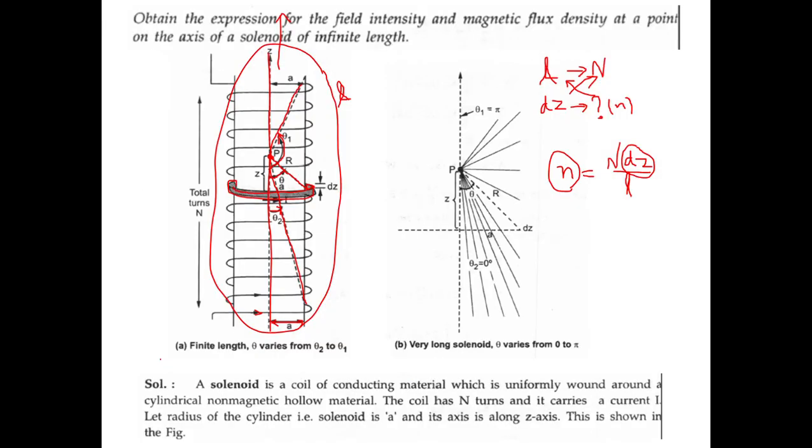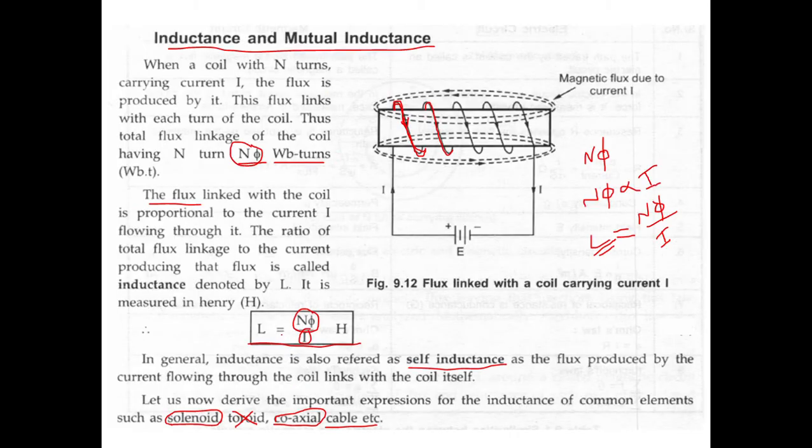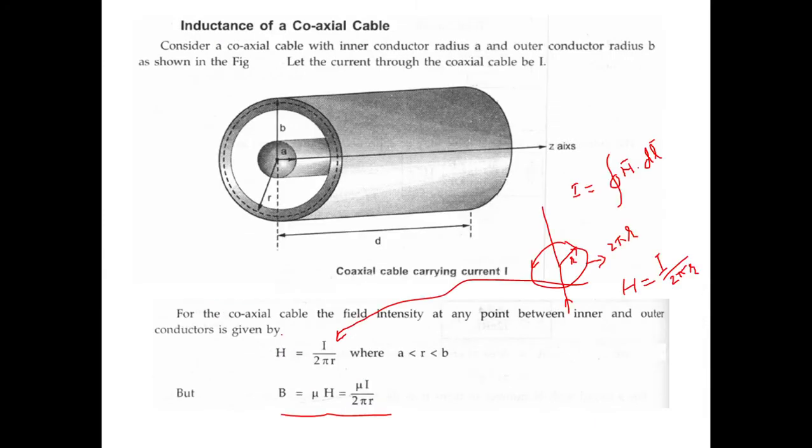So what all we have discussed in this lecture: we have seen what the H vector and B vector are in a solenoid, so we have got these equations for B and H, right? And then we have seen what inductance is, and the inductance of a solenoid and of a coaxial cable.